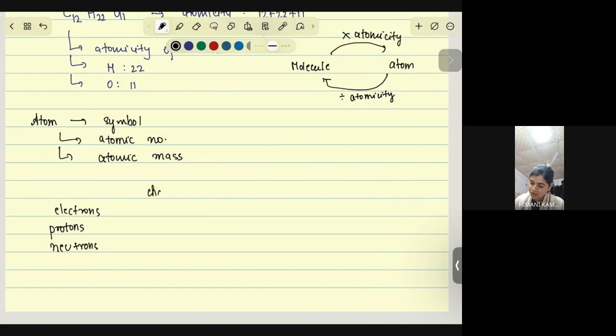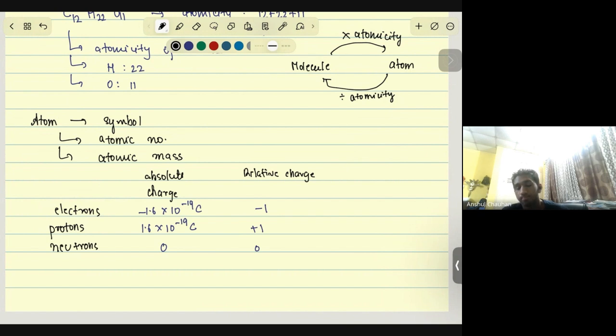The absolute charge on an electron is minus 1.6 into 10 raised to the power minus 19 coulomb. On a proton, it is 1.6 into 10 raised to the power minus 19 coulomb. What is the charge on a neutron? 0. Yes, it is 0. So the relative charge on electron is -1, on proton it is +1, and on neutron it is 0.